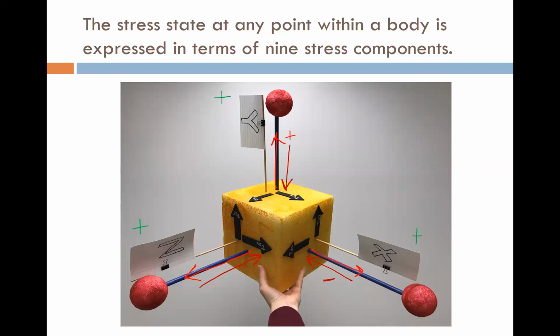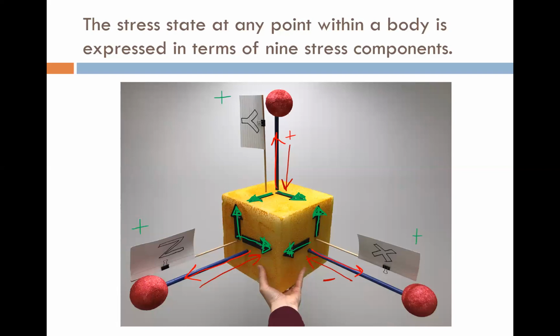So notice that this shear stress is on a positive Y face, pointing in a positive X direction. The other force is pointing in a positive Z direction. If we go to the X face, this is the positive X face, it's now pointing in the positive Y and the positive Z. On the positive Z face, we have stresses pointing in the positive X and positive Y. So all of these shear stresses shown here are positive sign conventions.